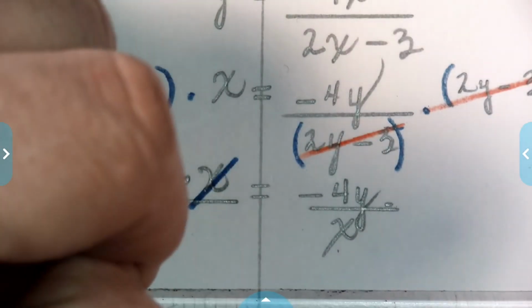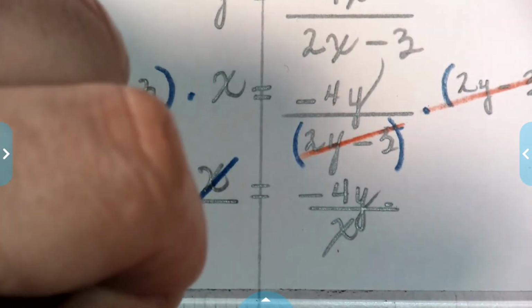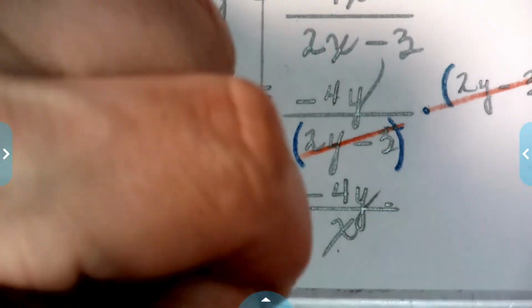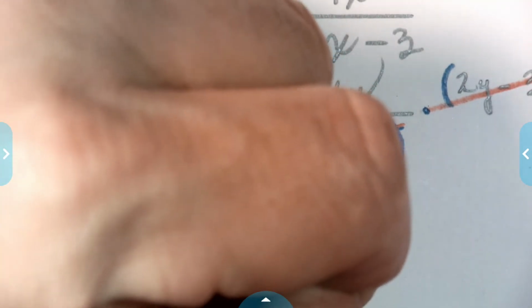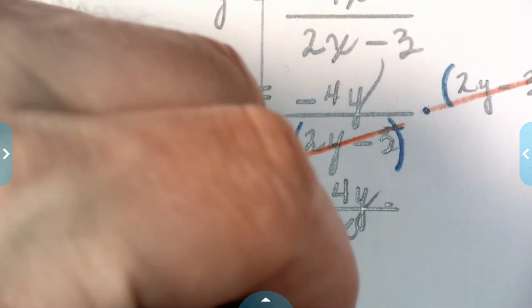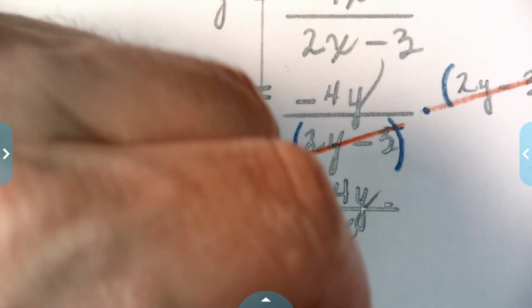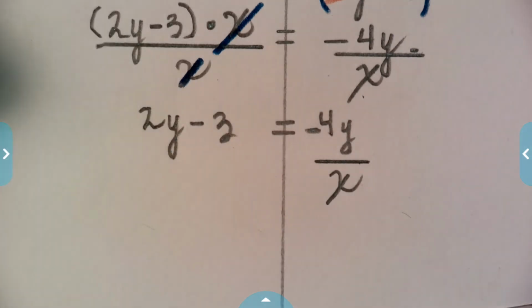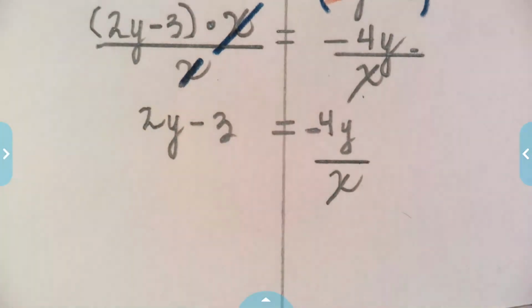We can just write 2y minus 3 equals negative 4y over x. Like that.